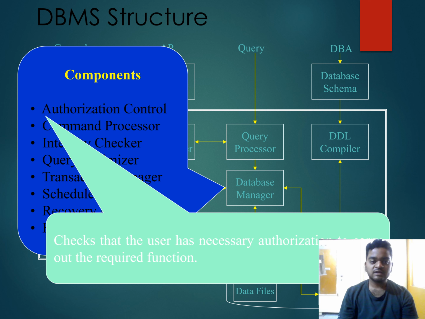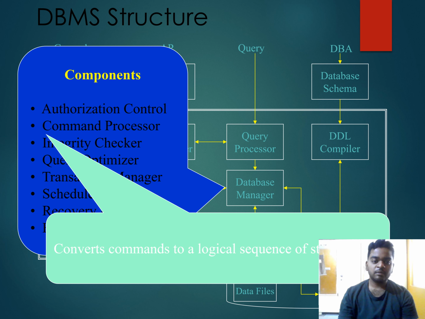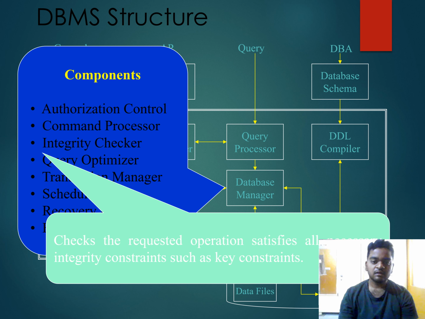Authorization control checks that the user has the necessary authorization for the required function, while the command processor converts commands into a logical sequence of steps. The integrity checker checks that the required operations satisfy all the integrity constraints, such as key constraints.